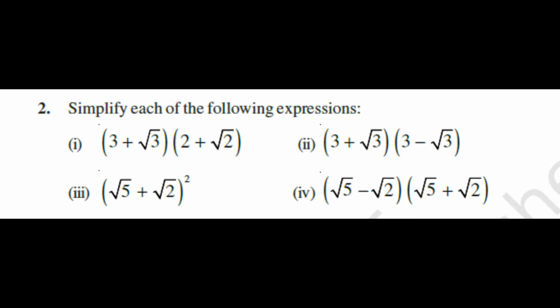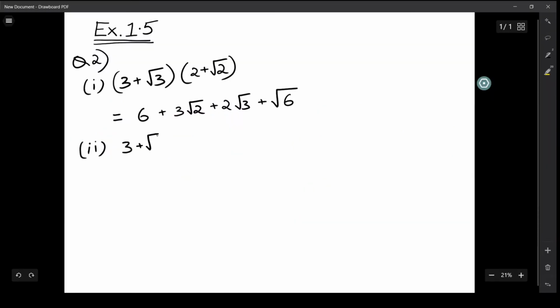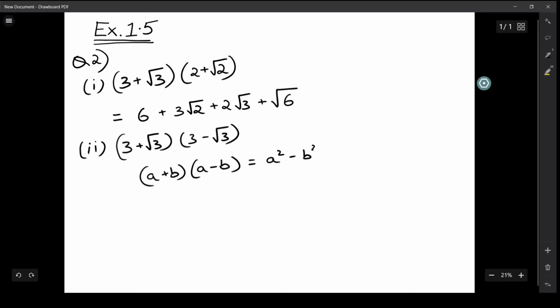Second part is 3 plus root 3 multiplied by 3 minus root 3. Now this is in the form of a plus b multiplied by a minus b, and we know that this is a square minus b square.